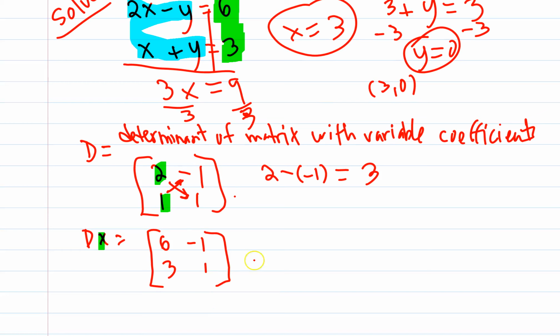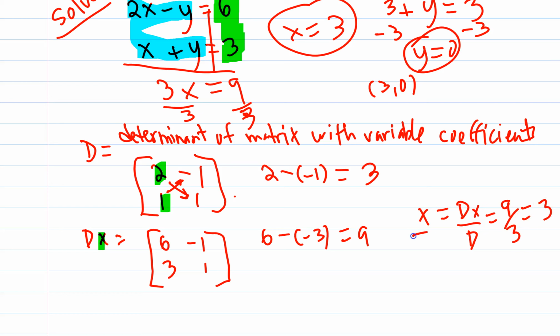Okay, so going down, I get 6. Going up, I get minus -3 is 9. So how do I solve this then? Well, we said x was equal to dx over d. That means x is equal to 9 divided by 3. X is equal to 3. We just got the same answer.